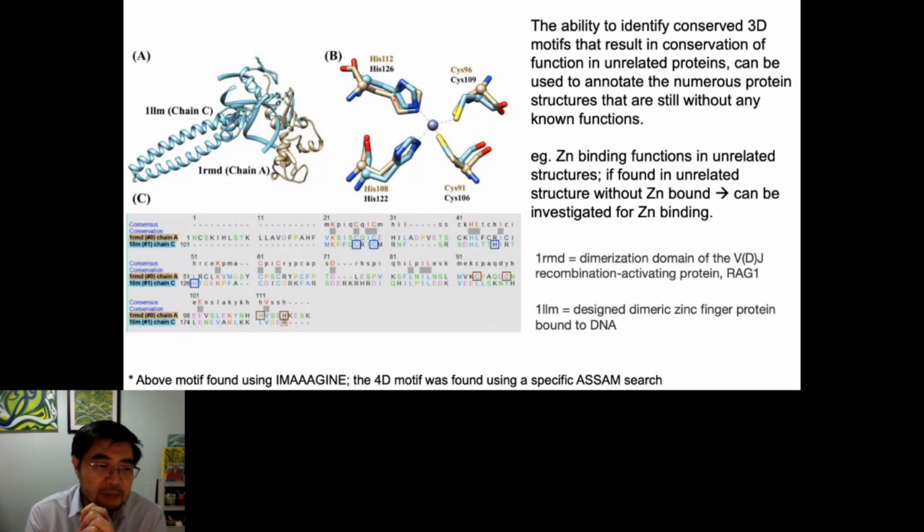But clearly from the left-hand panel, you can see that they are totally unrelated in terms of evolution, despite being able to form that same zinc binding site. And if we look at the sequence, the sequence alignment is totally off, and we can't see any particular arrangement that shows that these are homologous proteins.